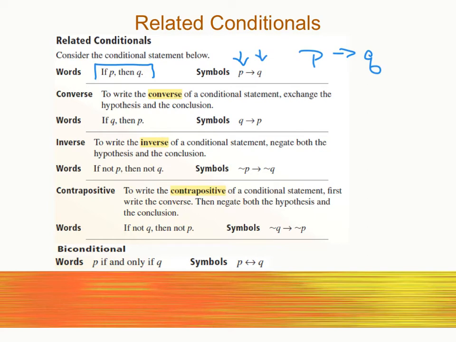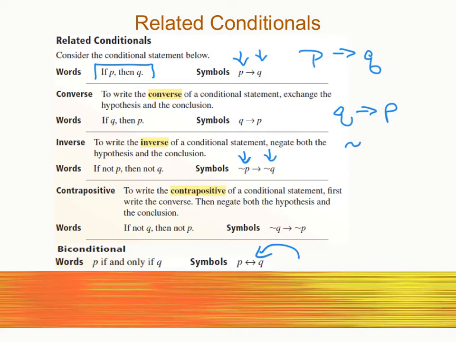The converse, you would flip it: if Q, then P, so Q points to P. The inverse uses a little wave symbol to negate, so it means if not P, then not Q. The contrapositive, you flip it, so it's got the little wave: if not Q, then not P. And the biconditional can go in either direction, so it has the arrow pointing both ways.